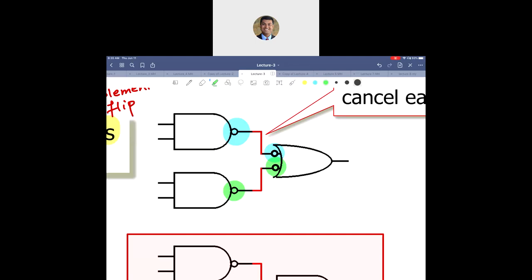And instead of putting the second bubble, say, right here, we are putting the second bubble at the input of the OR gate. Why are we doing that? Because this turns out to be simply a NAND function.